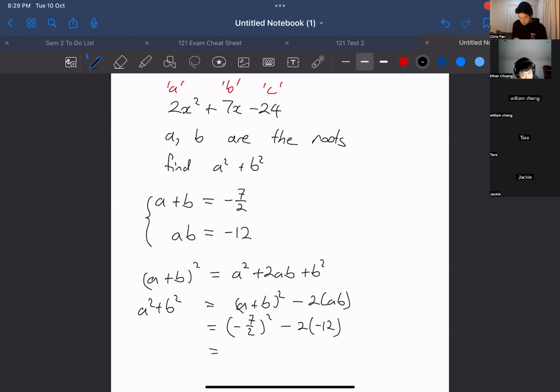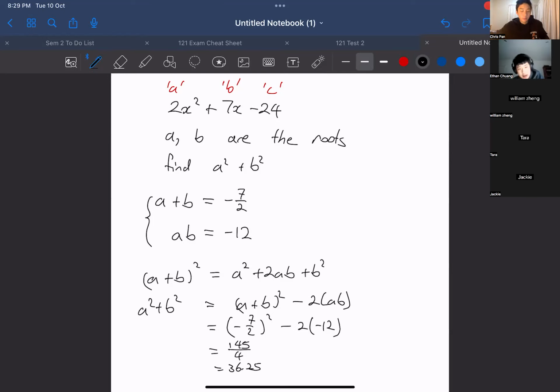It gives 145 over 4, apparently. I don't know if I did any calculation mistakes anywhere. I don't think so. Yeah, that looks about right. So that's how to do this one.